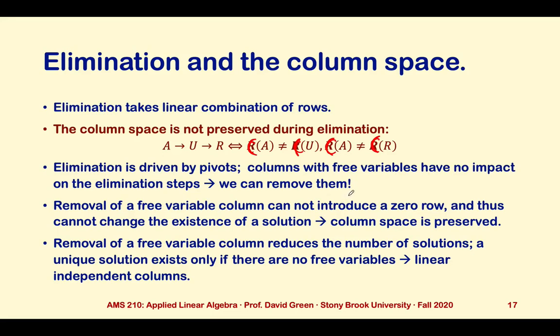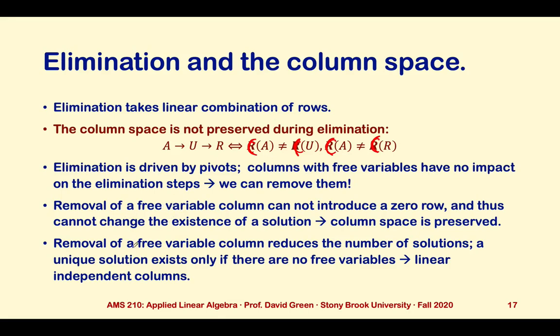It's 0 rows that lead to, in a coefficient matrix, there not being a solution. So removing a free variable column can't change the existence of a solution for a given right-hand side. It can't change the column space, that is. It can't change which right-hand sides have solutions and which don't.